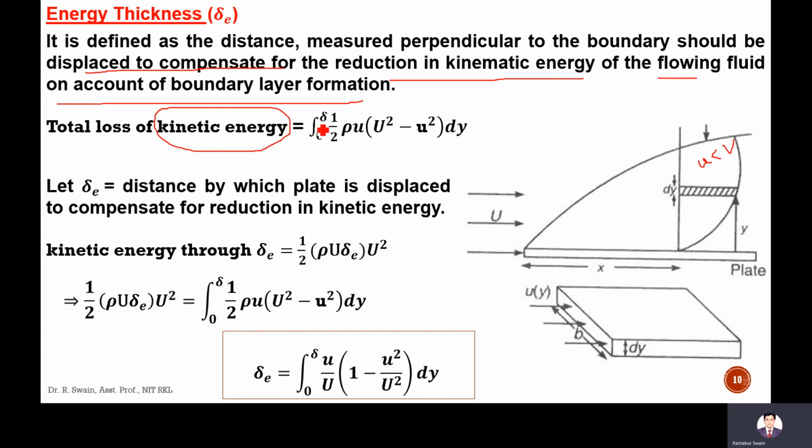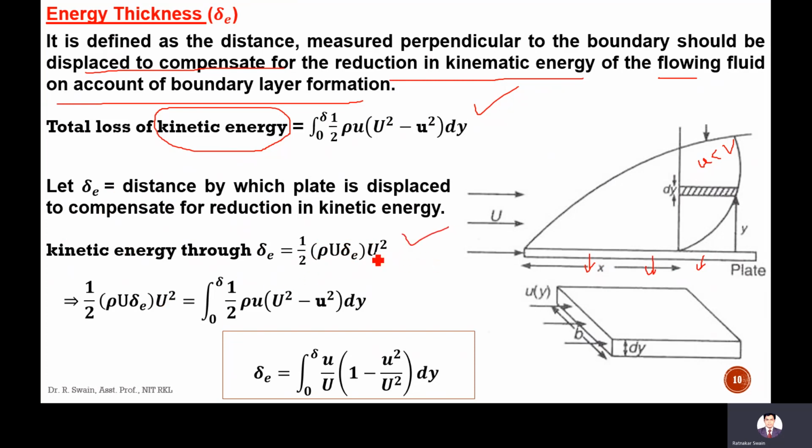And how much loss? It is the integral from 0 to delta of half into rho into small u into whole capital U square minus small u square dy. This is the reduction in kinetic energy. Let delta E be the distance by which the plate is displaced to compensate for the reduction in kinetic energy. Kinetic energy through this delta E will be equal to 1/2 of rho into capital U into delta E into U square.